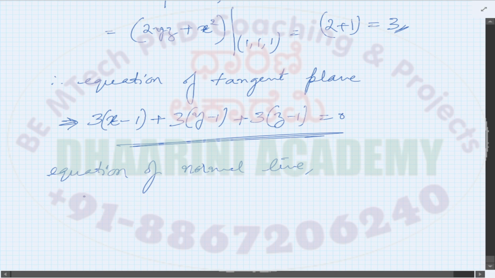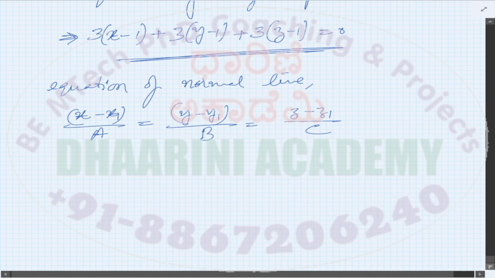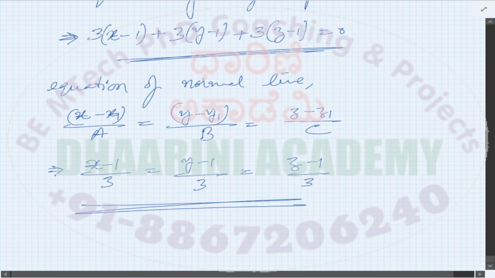That is x minus x1 divided by a, that is equal to y minus y1 by b, that is also equal to z minus z1 by c. Already we have calculated these values, simply substitute. So this implies the required answer is x minus 1 by 3 equals y minus 1 by 3 equals z minus 1 by 3. So this is the required equation.